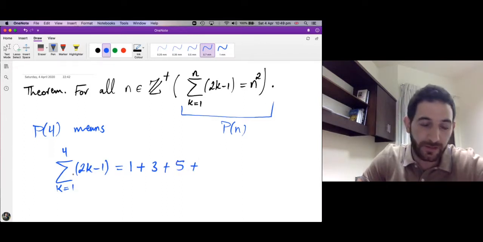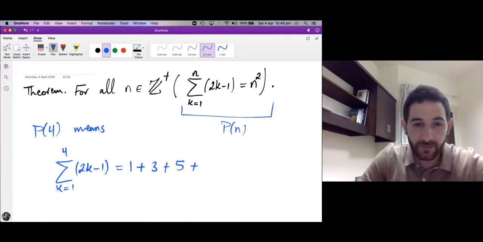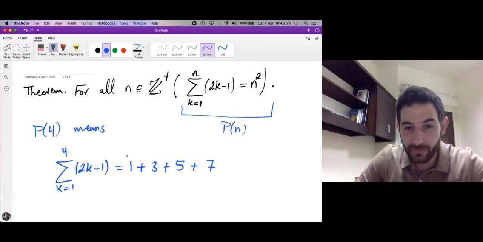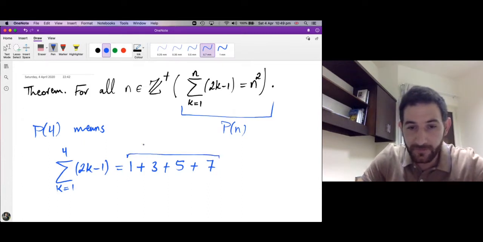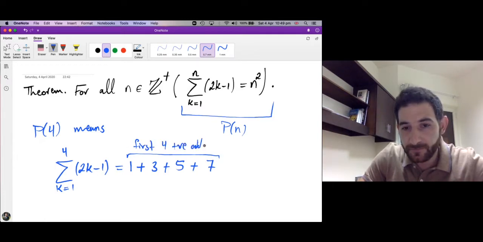Then you take the last value of k, which is 4: 4 times 2 is 8, minus 1 is 7. And look, these are the first 4 positive odd integers.